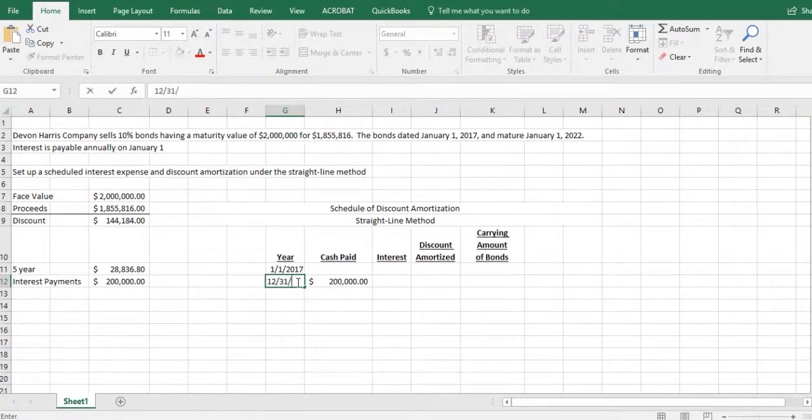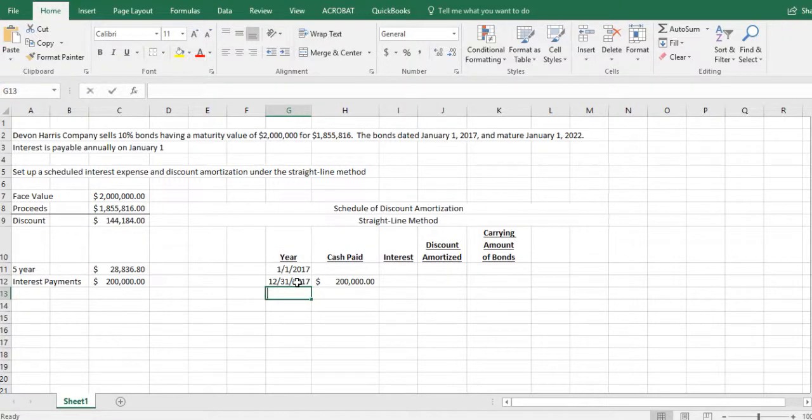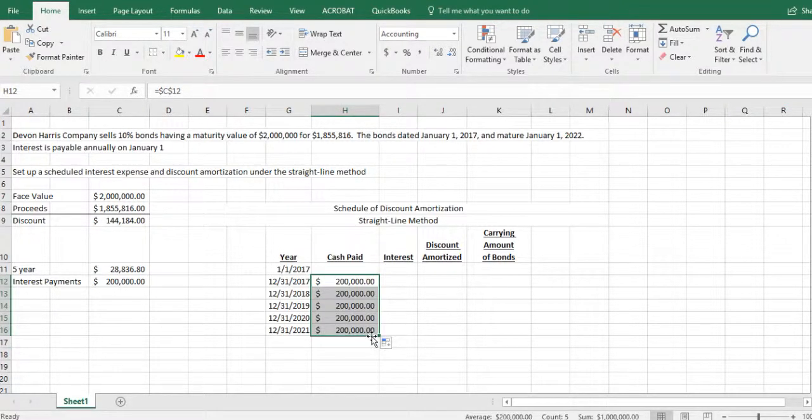So we have 12/31/2017, 12/31/2018, 12/31/2019, 12/31/2020, 12/31/2021. And these actually mature on January 1st, 2022, so I don't have a 22. My cash is my cash is my cash. This is defined in my bond contract. I will always pay out $200,000, being 10% of the face value or the maturity value of the bonds.